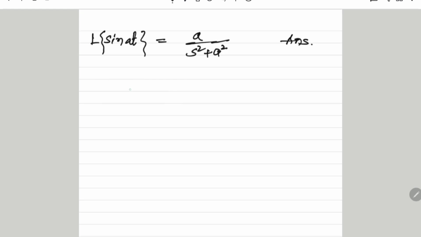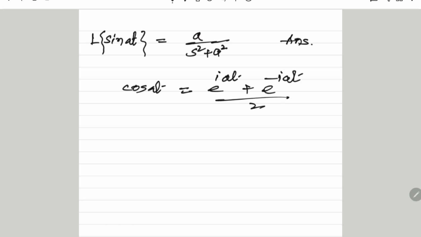Similarly, we can rewrite cos at in terms of exponential form, e raised to iat plus e raised to minus iat divided by 2.